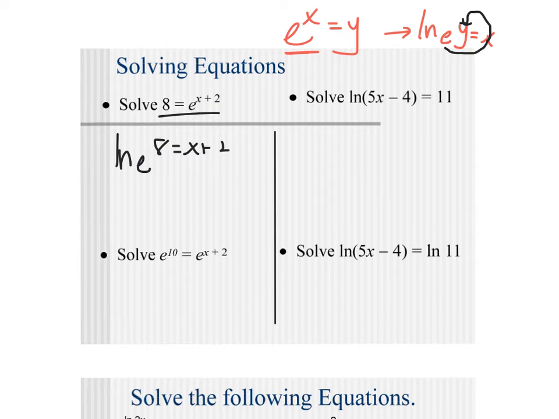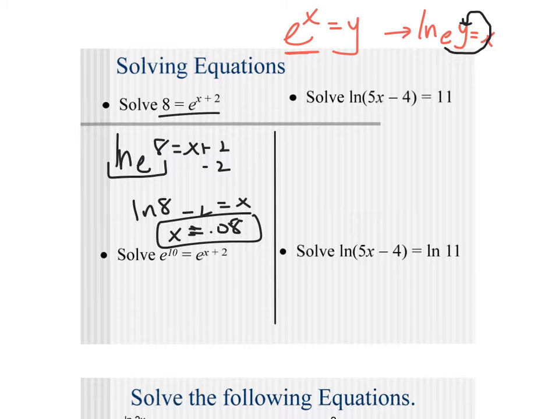The nice thing is ln base e of 8 is just ln of 8 in your calc. The ln button is right below the log button. So you can literally just do ln of 8, subtract 2 from both sides, and that gives you about 0.08. So that would be your answer.